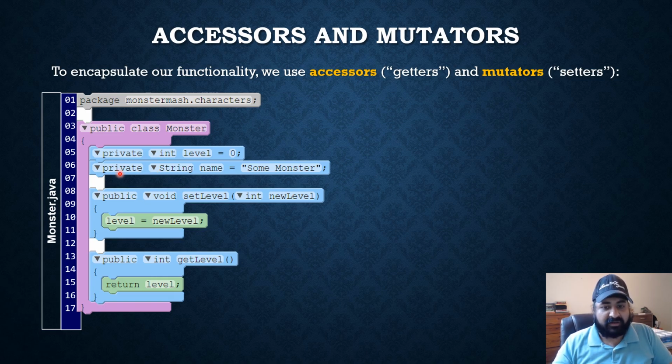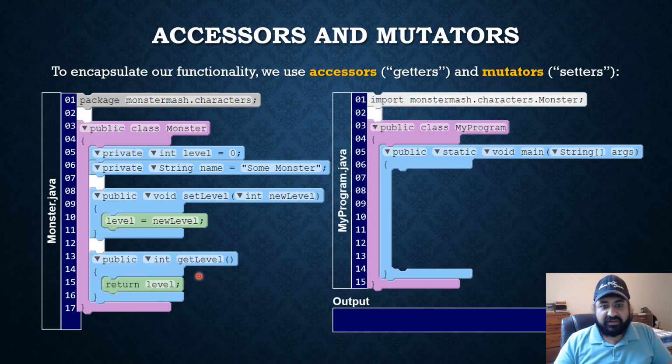In that case, we just want a user to get or view their balance, but they cannot manipulate it. So in that case, we can just get rid of this setLevel method, because we do not want a user to set the value from outside the class. They'll just have a getter, or a read only kind of behavior.